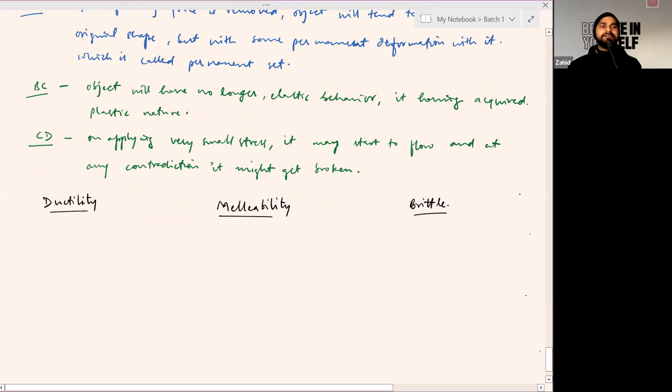Okay, let me define. Ductility is the property of a material to be drawn into thin wires on beating or on applying pressure. Malleability is the property of a material to be drawn into thin sheets.